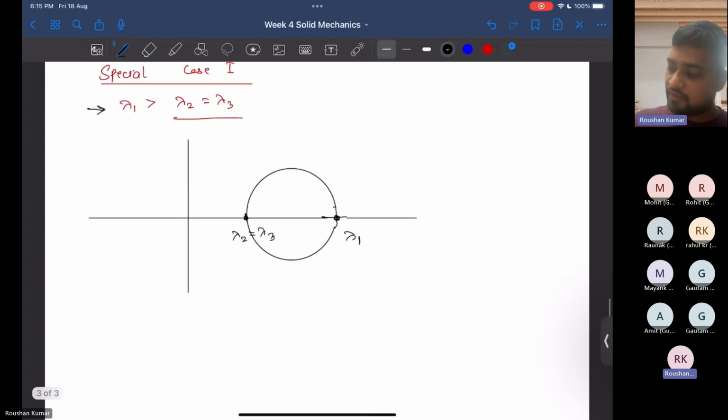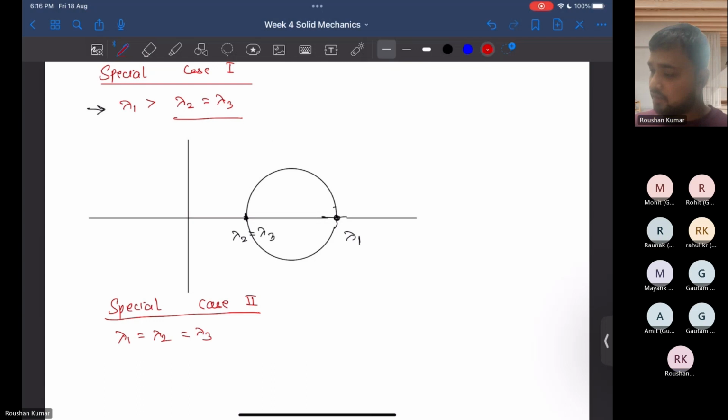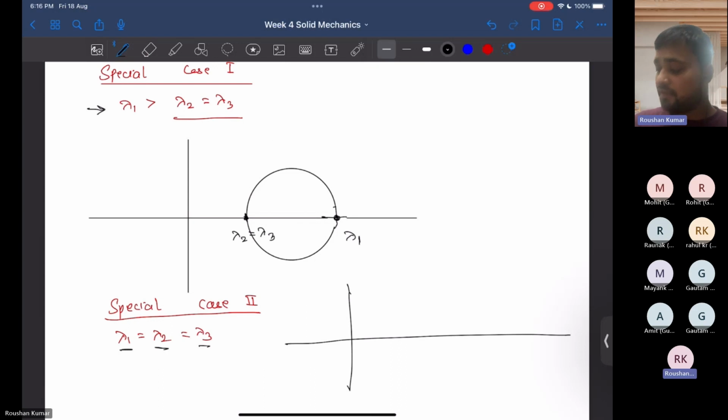The next case is when all the three principal stresses are equal. That means lambda1 equals lambda2 equals lambda3. In this case, if we plot in the Mohr circle, the principal stress values can be plotted on the x-axis.